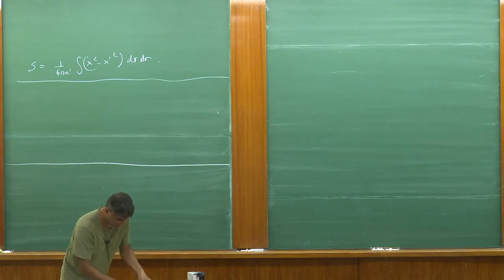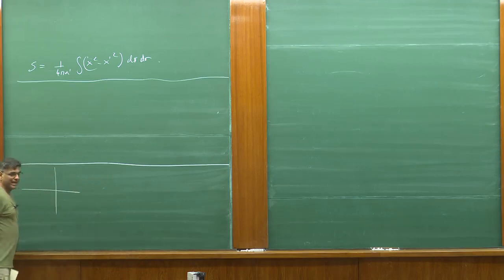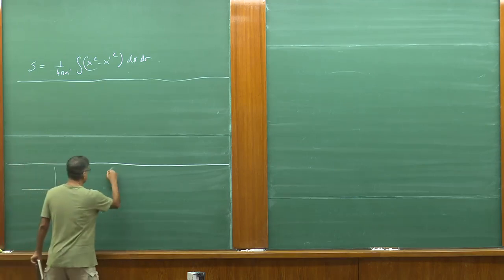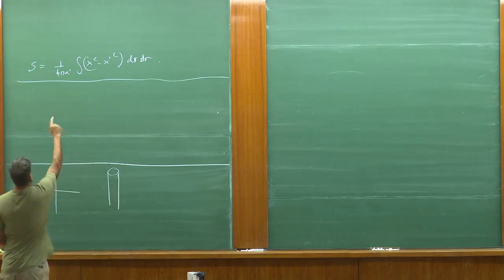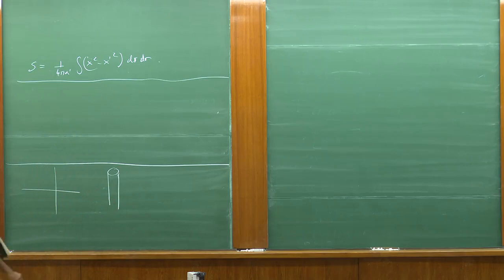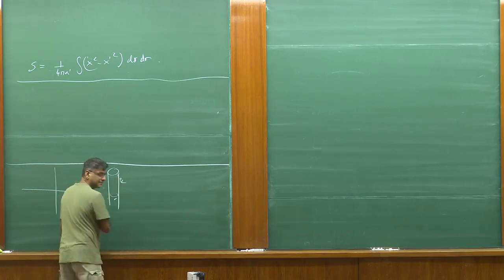The first thing is this: when we have the cylinder that we were working in here, time is Lorentzian, and then there is a sigma coordinate.